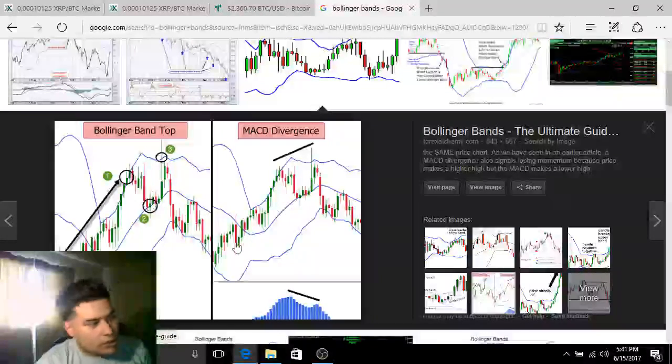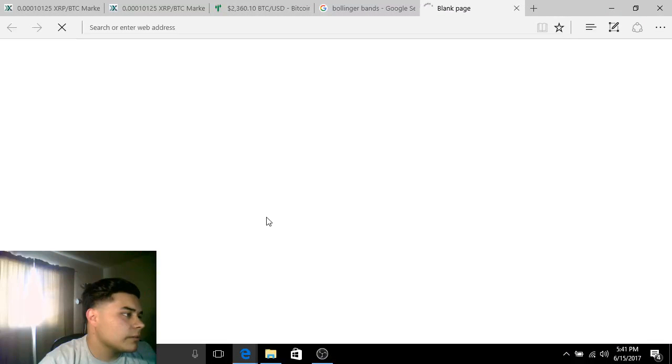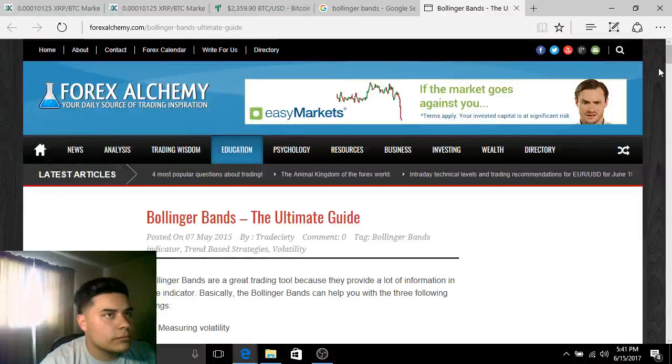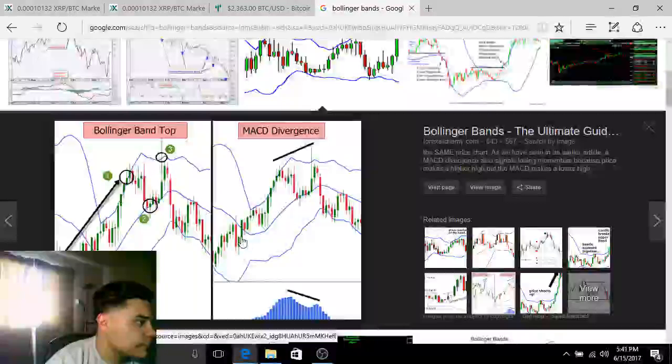Alright, so if you look here, we can see right here, if the picture will load, where is it? There it is. Alright, we can see right here. This picture's horrible. Alright, you can see right here.